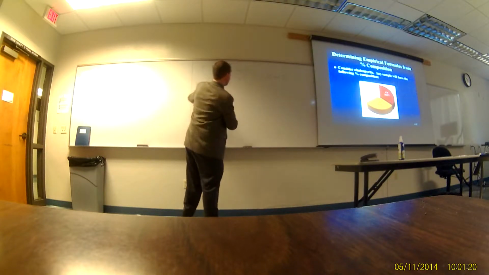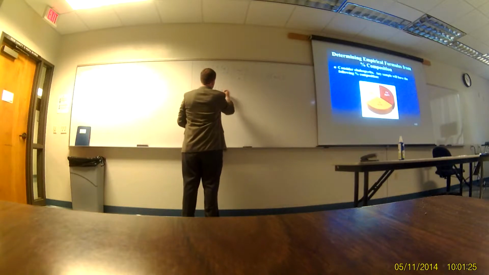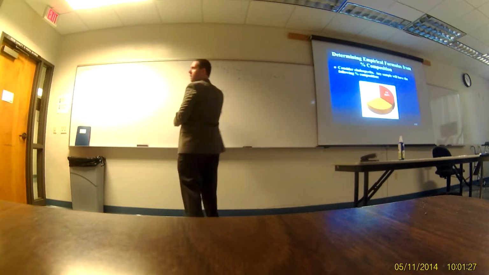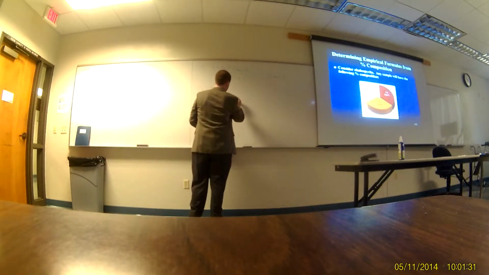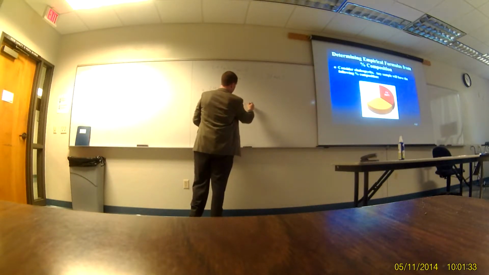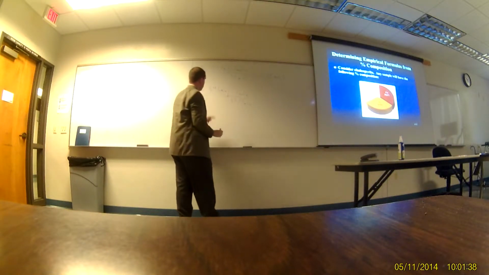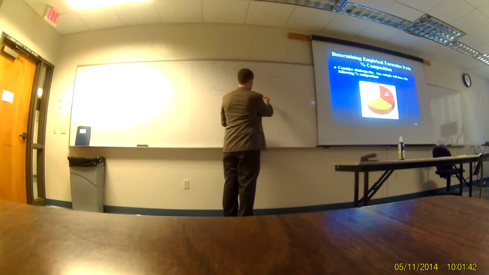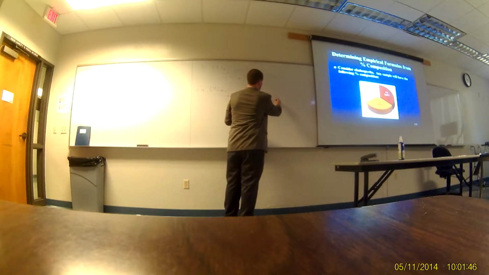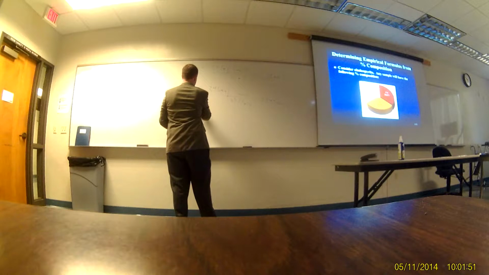Now we have to do copper. We have 34.6 grams of copper. Copper is 63.55. 34.6 divided by 63.55 is 0.54 moles of copper. Then we do the same thing for iron.